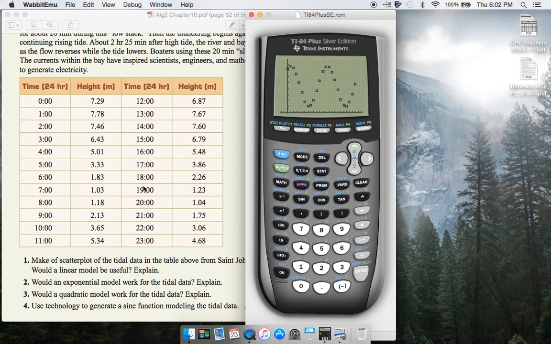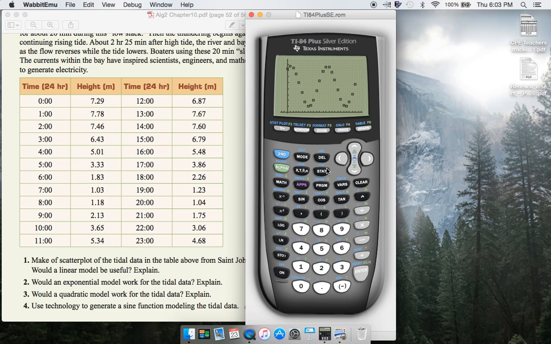What we actually have here is a sine function model. We have this periodic function that's going up and going down, cresting and troughing, cresting and troughing, and it would continue to do that if we let the time elapse into another day. And so we're going to use technology to generate a function that would fit this.